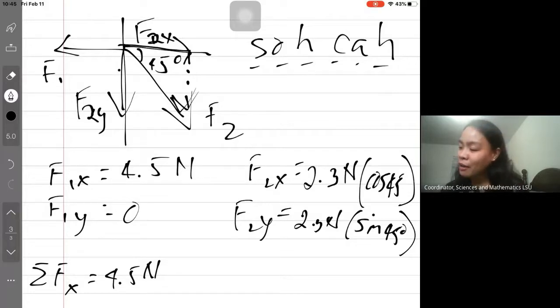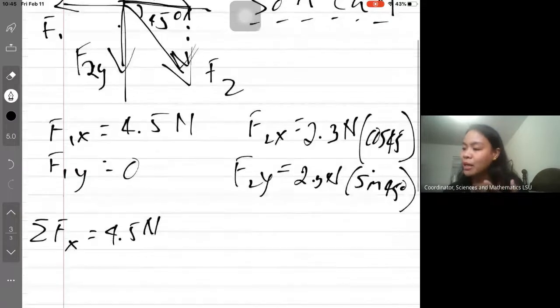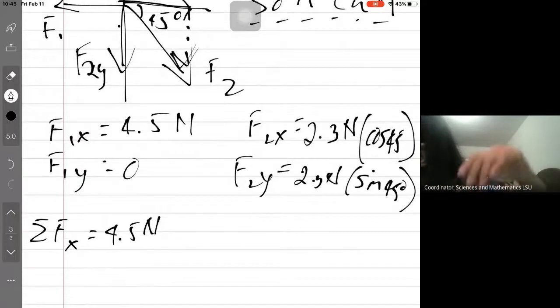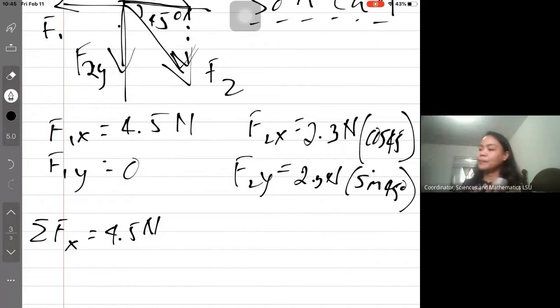F2x is going to the right, therefore it is positive. And our value for F2x will be, let me get my calculator first.